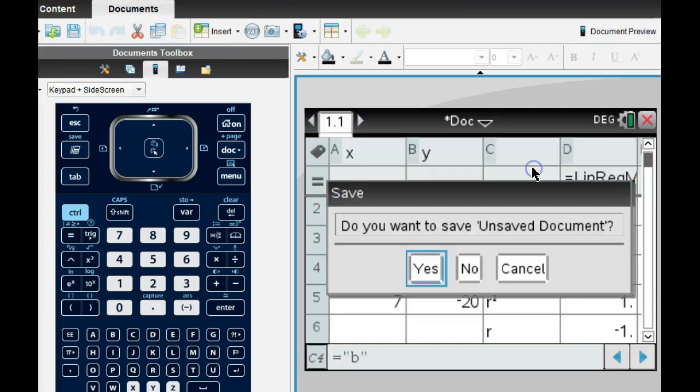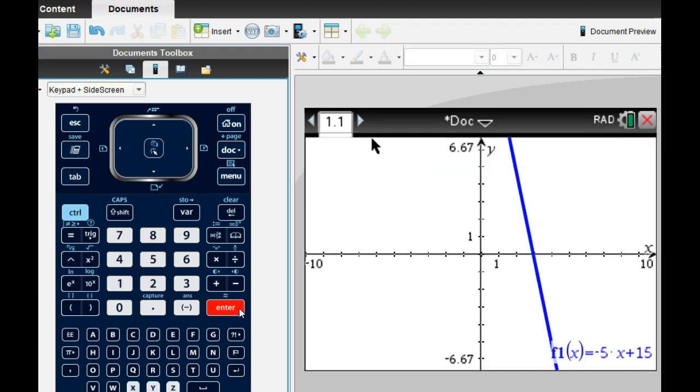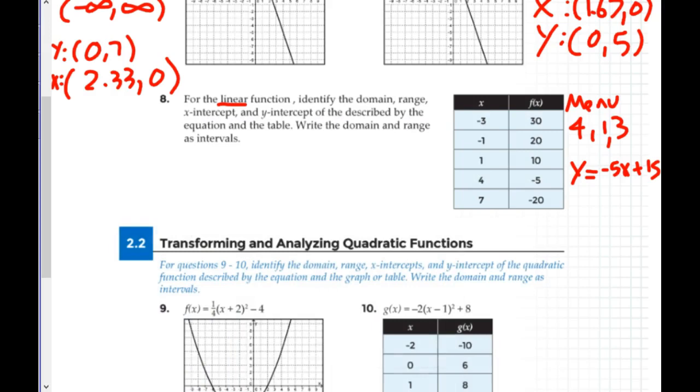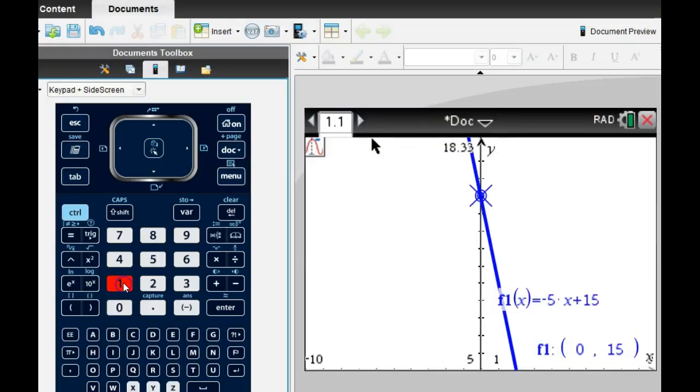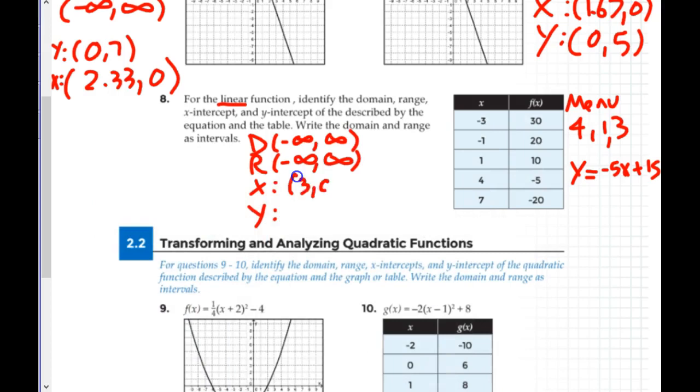So let's go graph that. Alright, so domain and range we know is always the same for linear. The x-intercept and the y-intercept, menu 5.1, so the y-intercept is 0.15, and then the x-intercept is 3.0.